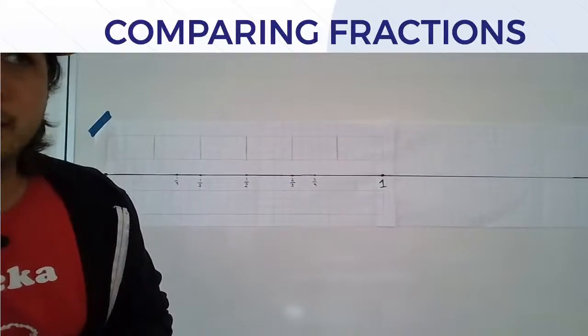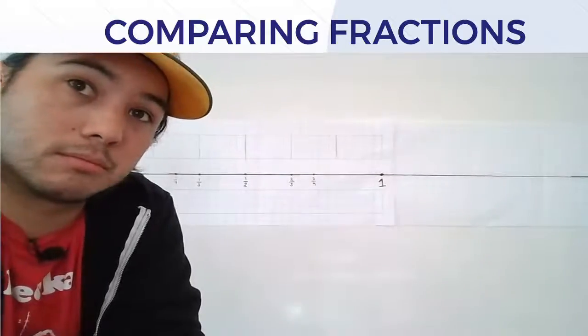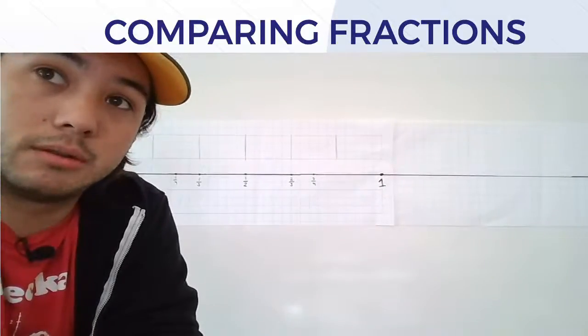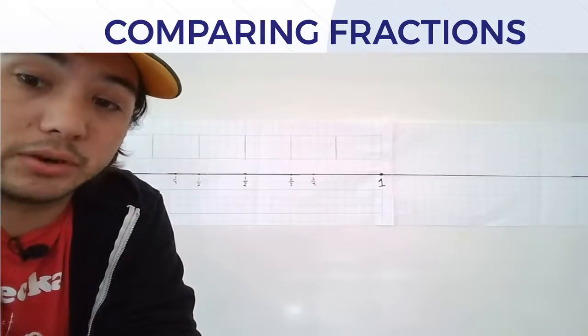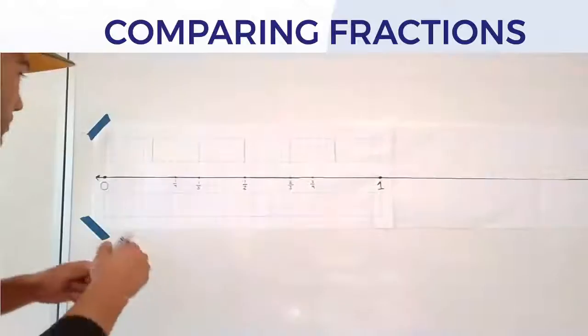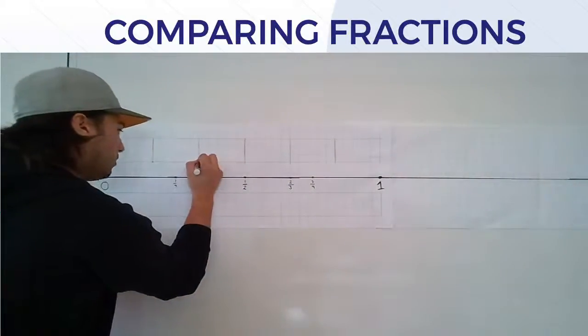So 2/6 and 1/3 are equivalent fractions. That's helpful to know. That also means that 1/6 is going to be half of a third. And that makes sense because 3 times 2 is 6. So here's our sixths.